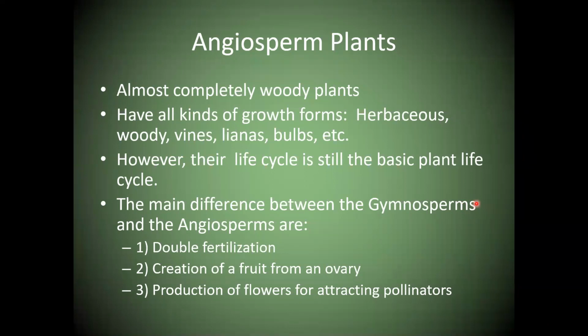So those are the three characteristics. There's a flower, and the flower becomes a fruit after fertilization, and true double fertilization, right? All of those are characteristic features that I expect you guys to know very well. What else do we have here? Yeah, those are the characteristics I want you to know.